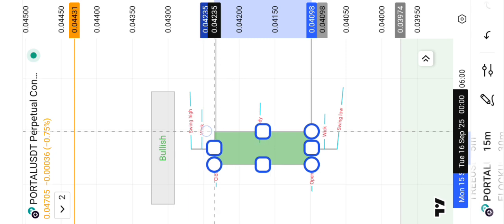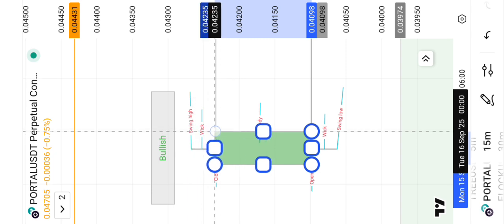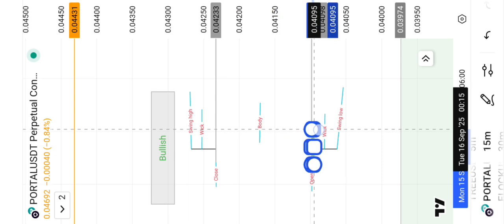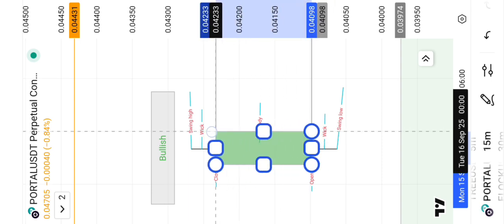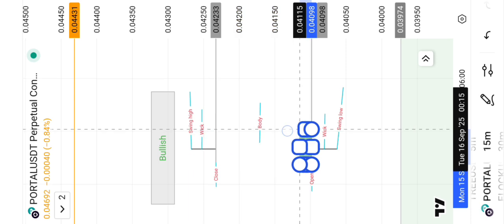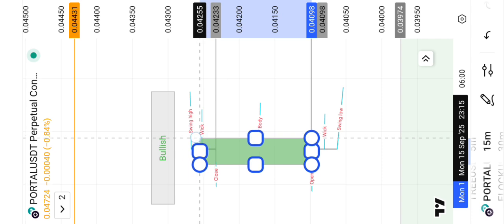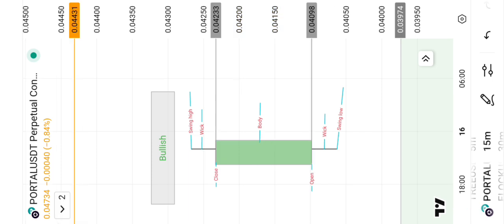Then the sellers push it down before it closes, and it closes here. Because it's a bullish candle, it's pumping, so it needs to start from down to pump to a higher side. That's why it's called a bullish candle. It opens at the bottom, then closes at the top. So this is all about a bullish candle.